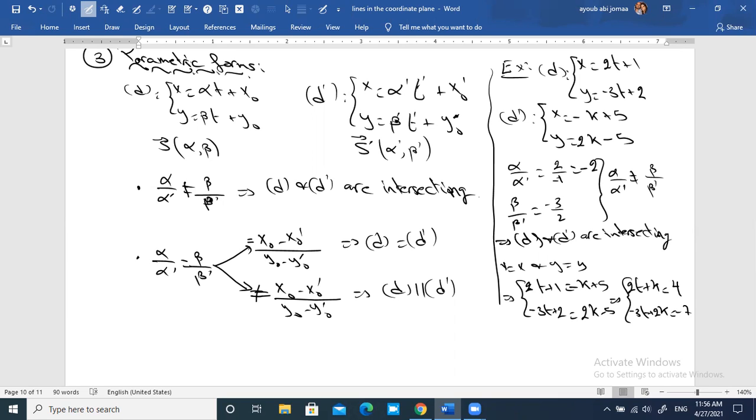Solve this system, you may use the calculator. You get t is equal to 15 over 7, and k is equal to negative 2 over 7.